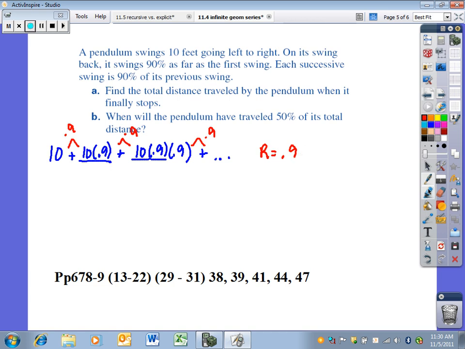So is this an infinite sum? Yes, it is. So the sum would be the first term, which was 10, divided by 1 minus the ratio, which is 0.9. 10 divided by 0.1, move one place, 100 divided by 1.